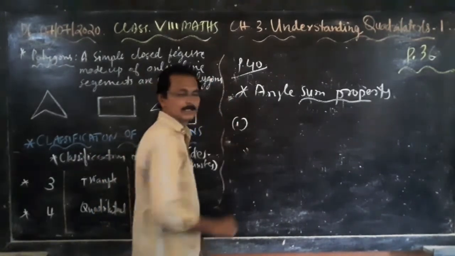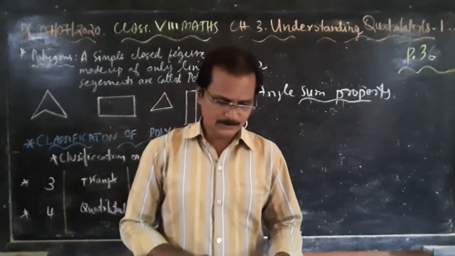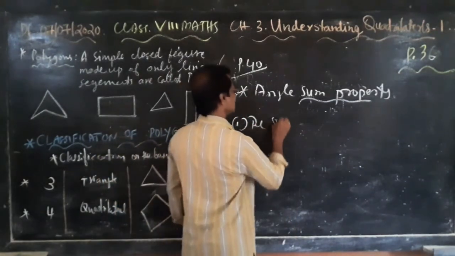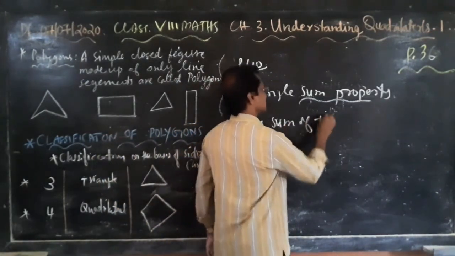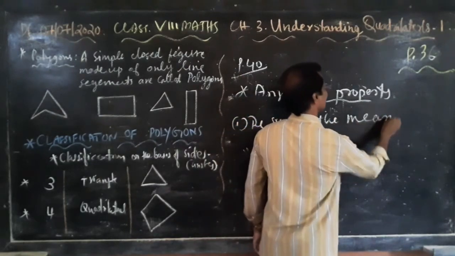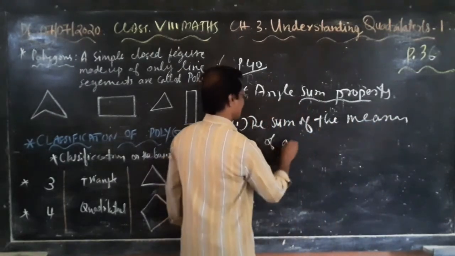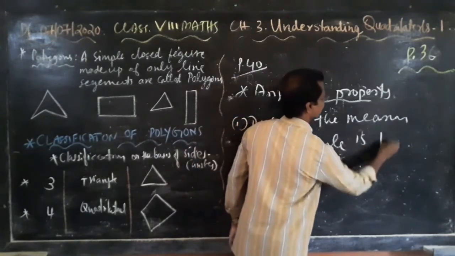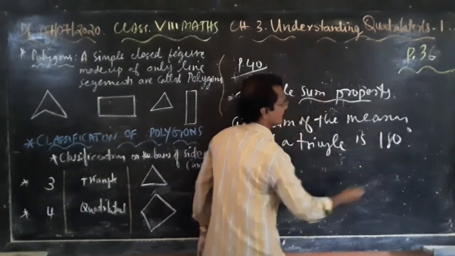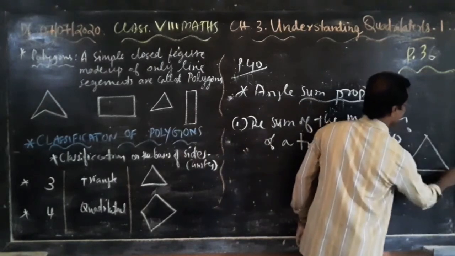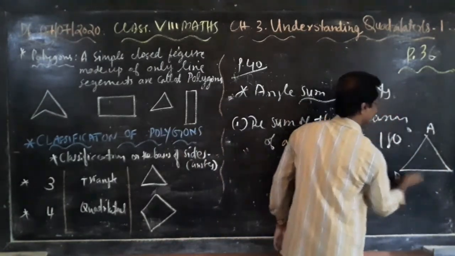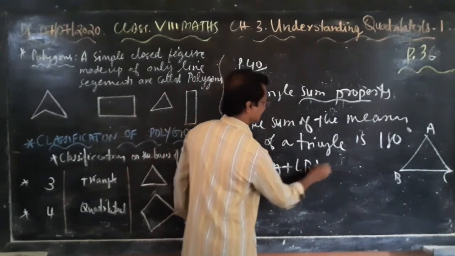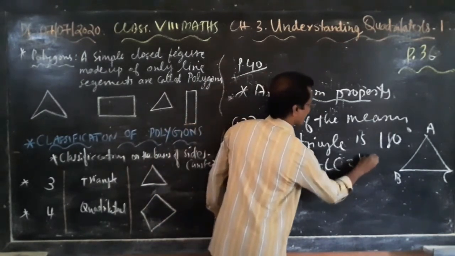First one is, what is that? The sum of the measures of the three angles of a triangle is 180 degrees. The sum of the three angles A, B, C: angle A plus angle B plus angle C equals 180.